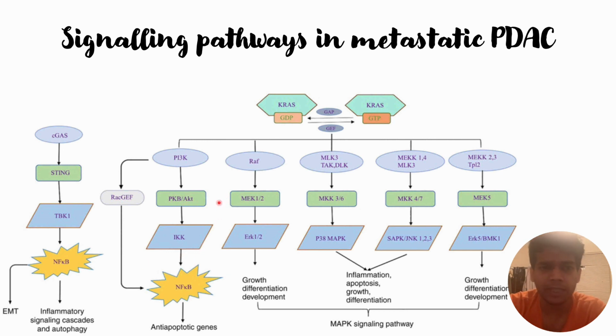The other signaling pathway that gets triggered is related to growth, differentiation and development, and this is triggered through two major pathways. One is via RAF, MEK1/2 and ERK1/2, and another pathway is via MEKK2/3, MEK5 and ERK5/BMK1, and these names are the short forms of the components of the signaling pathways.